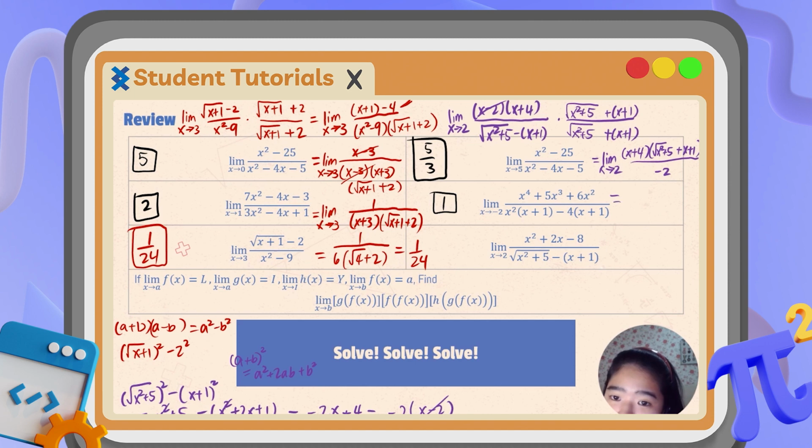So when we substitute 2, this is going to be 2 plus 4 is 6. So 6 over 6 multiplied by square root of 2 squared is 4 plus 5 is 9.